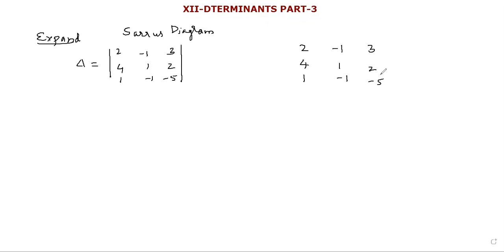After this we will repeat the first column: we write again the first column 2 4 1, and the second column minus 1 1 and minus 1.